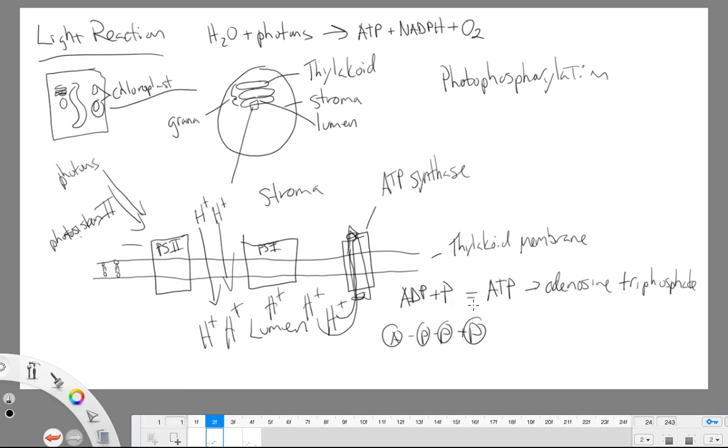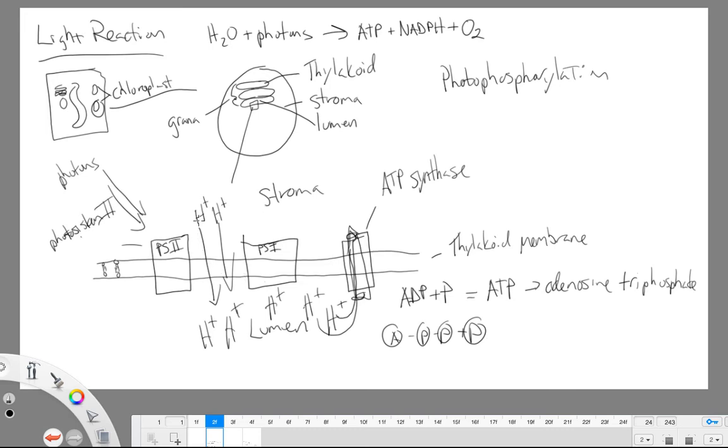Well, if we want to create ATP, we need to latch this phosphate group back on, and it is occurring through this light reaction. These hydrogen protons get pumped through. When they make their way back out through this ATP synthase, it turns this cylinder, and it's essentially just smashing together ADP with phosphate groups to create ATP. All right, so that's the basis.